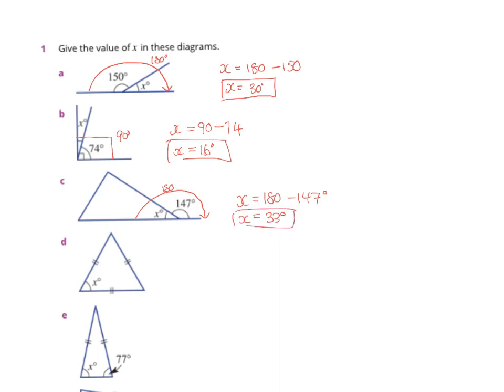Now, first of all, let's have a look. What type of triangle is this one? What did I say when it has two sides the same? Isosceles? Now, oh no, it's not an isosceles. Look, did you see this? Yeah, so what is it? Good. So it's an equilateral, and what are the angles equal in equilateral?